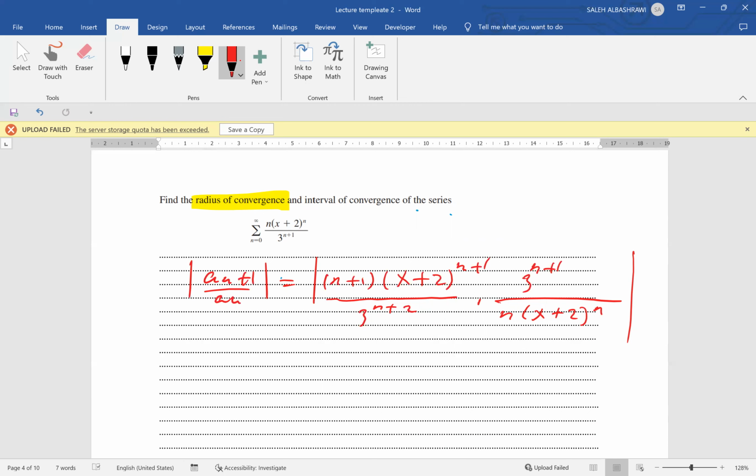We simplify this one, we'll have the absolute value of: this (x plus 2) to power n plus 1 will cancel this (x plus 2) to power n, and the 3 to power n plus 1 will cancel, so I will have 1 over 3 down. In the denominator, I will have 3 multiplied by n. For the numerator, I will have n plus 1 multiplied by x plus 2.